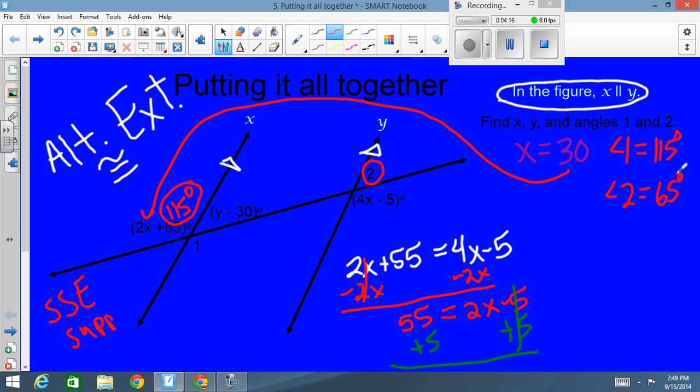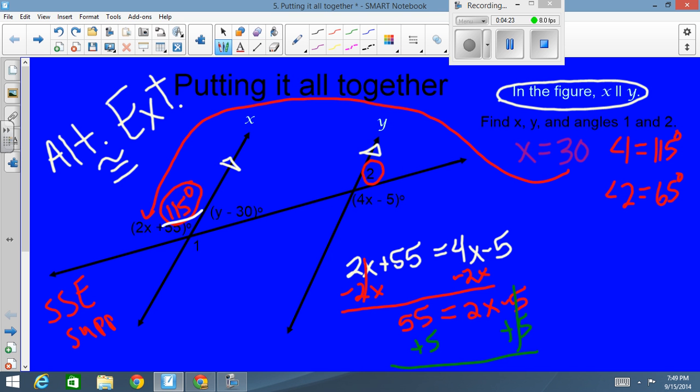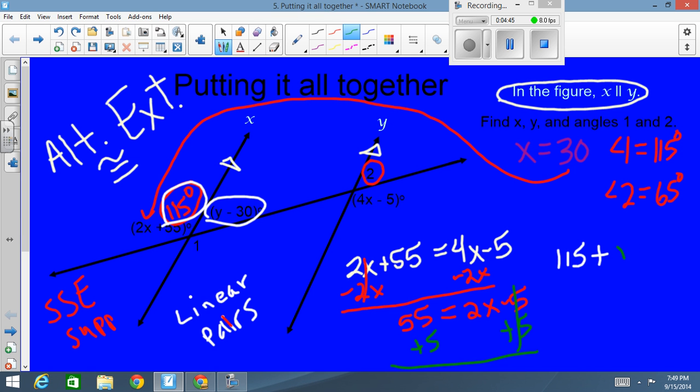So the only other thing we need to find is the measure of y. Look at this angle here. Look at this angle here. These two angles together are a linear pair. So since they're a linear pair, we know that 115 plus the other angle, y minus 30, together they equal 180 degrees.